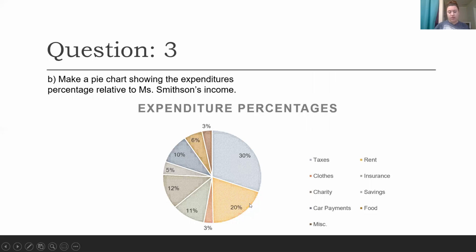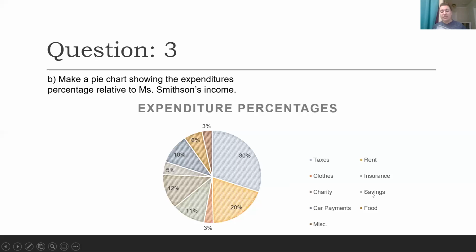Rent took 20%, which is the second highest amount, and then clothes was 3%, and miscellaneous was also 3%. Insurance is 11, charity was 12, savings was 5.